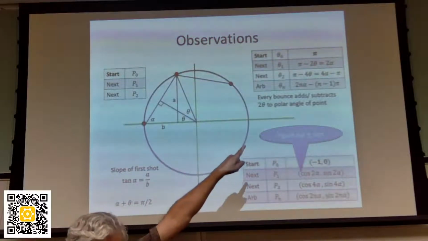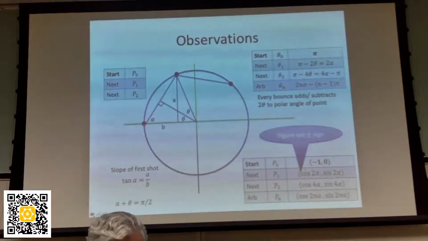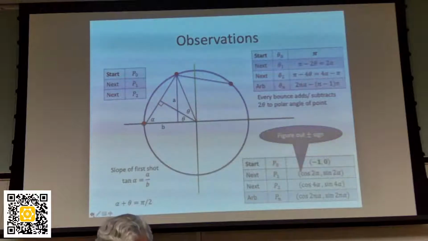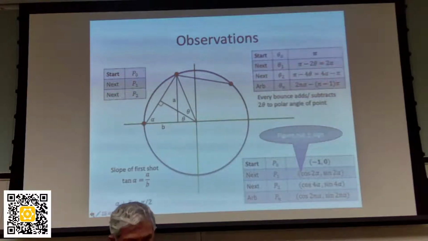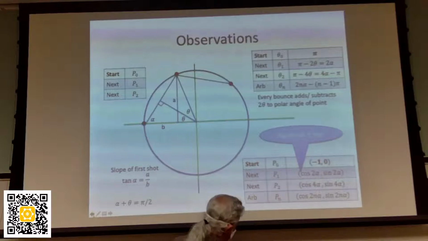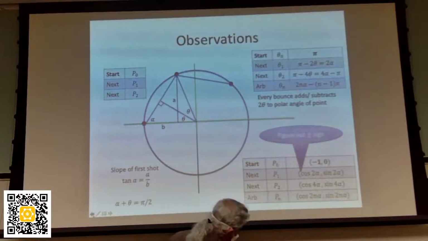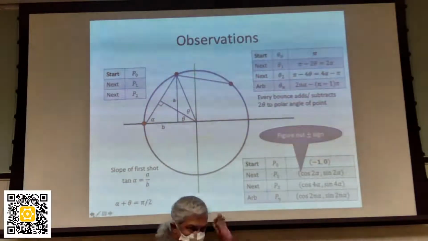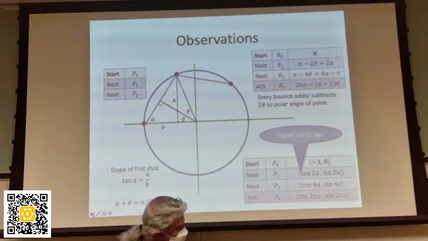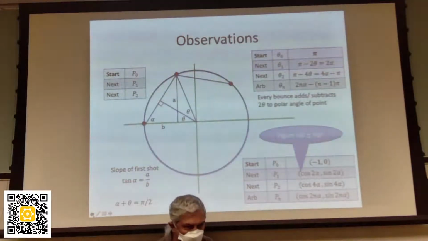If instead of starting at pi, I start somewhere else, let's say some arbitrary lambda, then the same numbers, let's say p of m is lambda. Doesn't matter. After some number of bounces, you reach this polar angle.